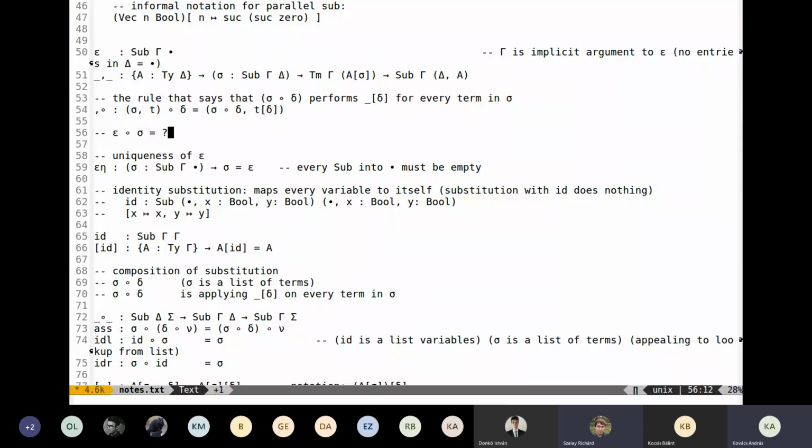No. So here I'm saying that if I'm doing substitution composition, then on the left side I have a list, and I am mapping over a list with substitution of delta. So if I am mapping over an empty list, then what happens? It stays empty. Well, you get an empty list. Yeah, it stays empty. But actually, I don't have to add this rule.